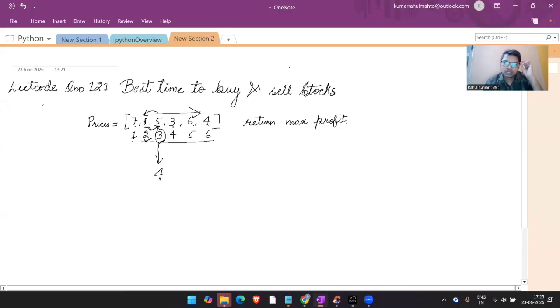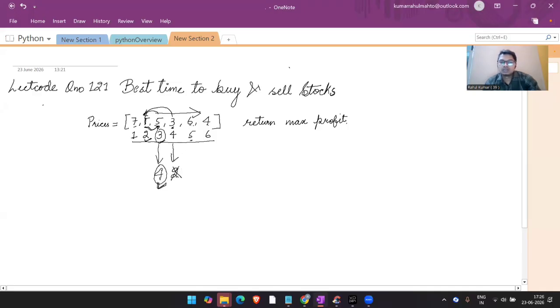In the next day the price becomes 3. So in this case also I'm getting profit. How much profit? 3 minus 1 is how much? 2. But that is not the maximum profit, because I already got a maximum profit on the previous day, that is 4. So I can't consider this one because 2 is less than 4. Now let's check the next.